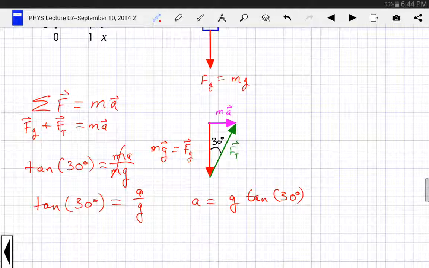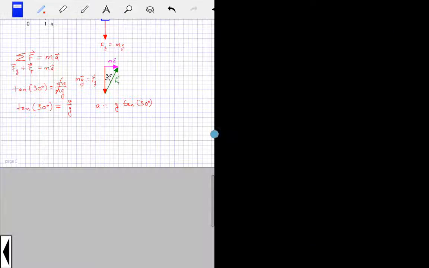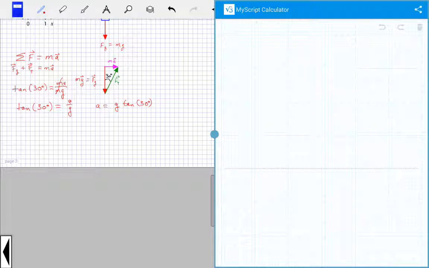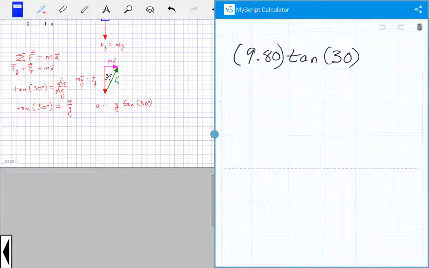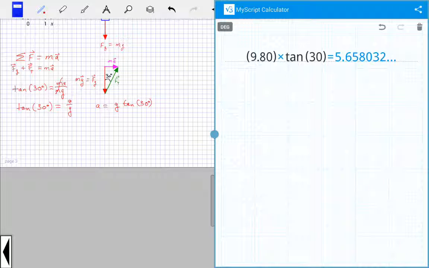Now how big is that? I don't know. That's why we have calculators. So my acceleration is going to be g, which is 9.80 meters per second squared, multiplied by tangent of 30 degrees. And that gives me 5.66. Now, do I have 3 significant digits? Going to go with, sure I do.